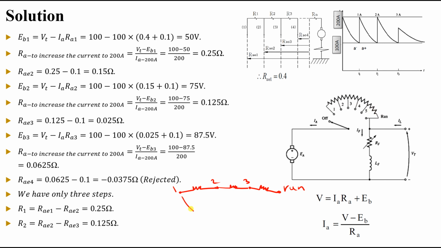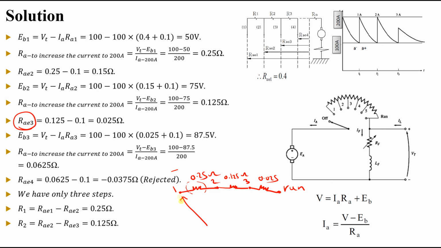So this is our starting. The first resistance R1 will be 0.25. The second resistance will be 0.125 ohms. And the last one, RE3, is 0.025.